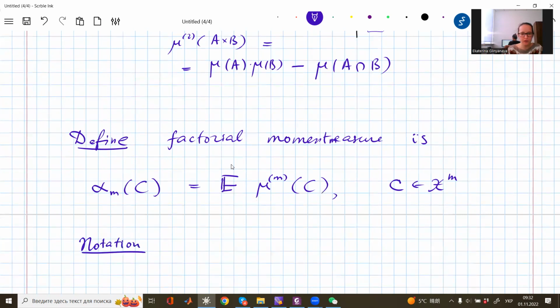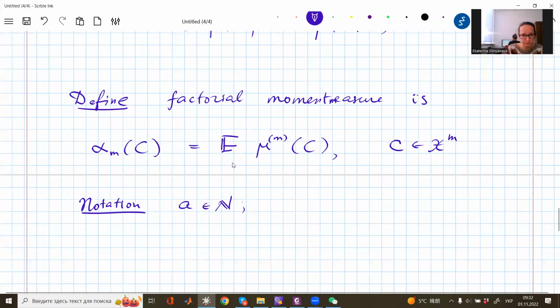So if I have the number A, then I can write its product that we had before of this form, A times A minus 1, A minus 2, and so on, A minus m plus 1.